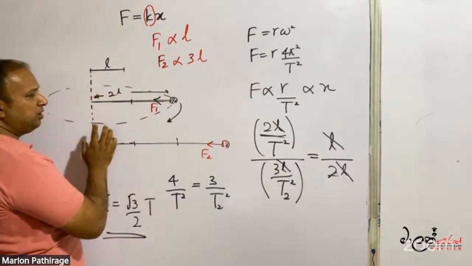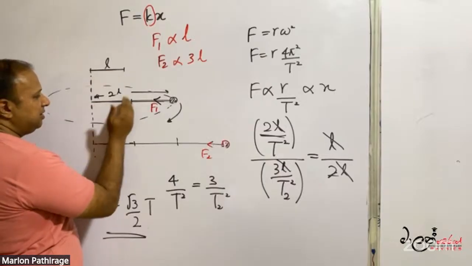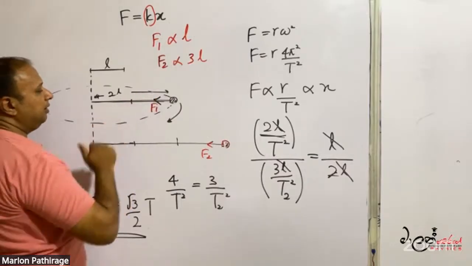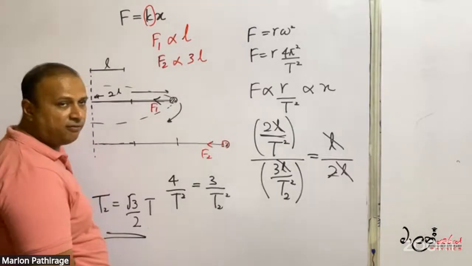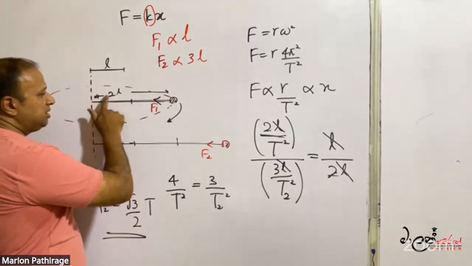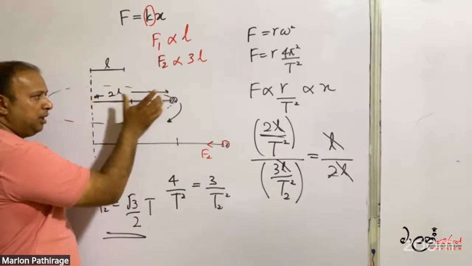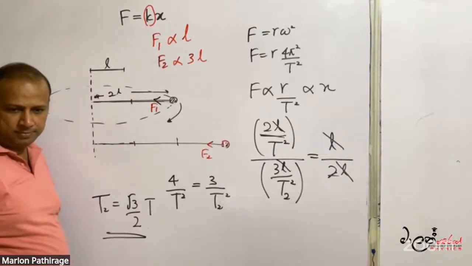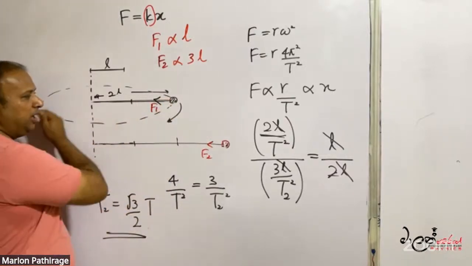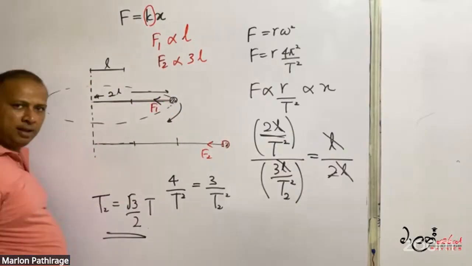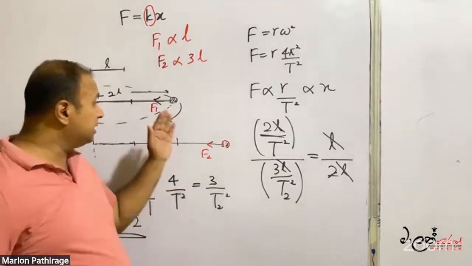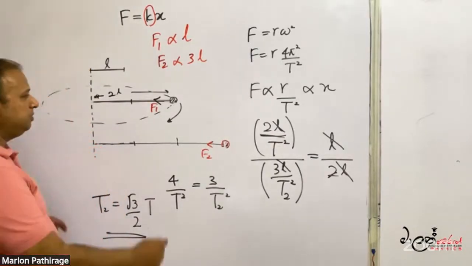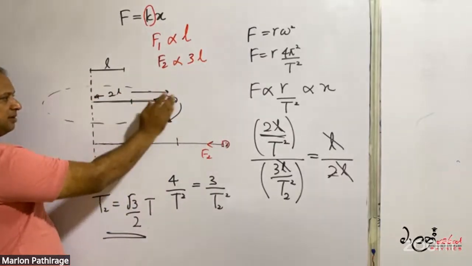As this object rotates, the string stretches another distance L. Therefore, the total length of the string is now 2L, so this object rotates in a circle whose radius is equal to 2L.